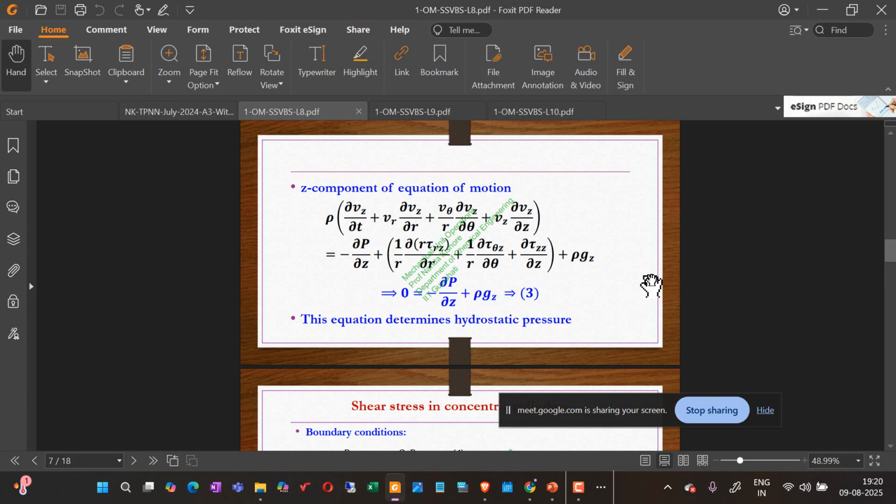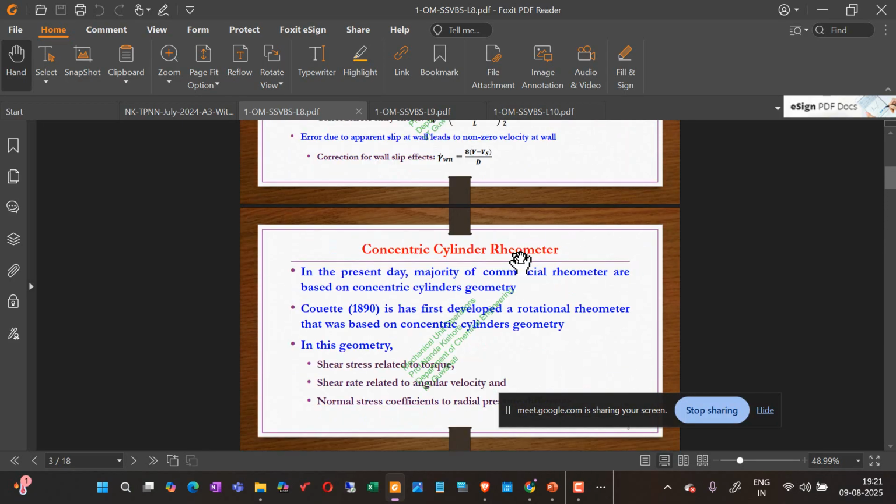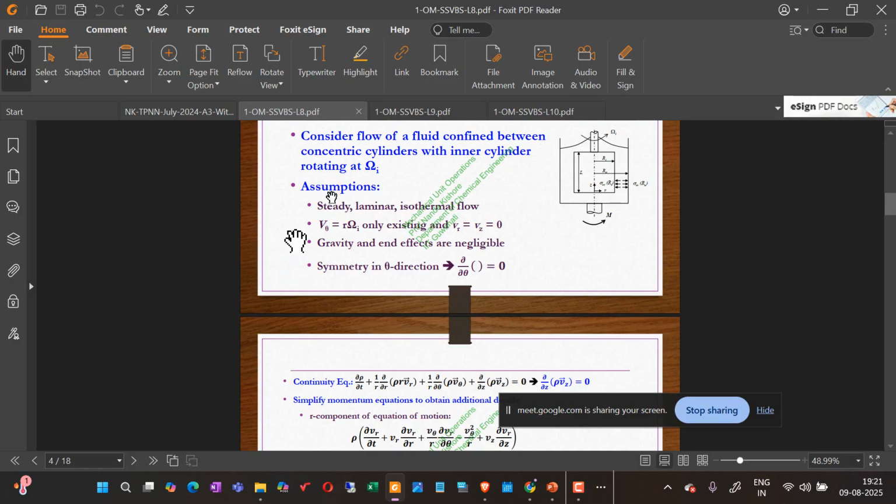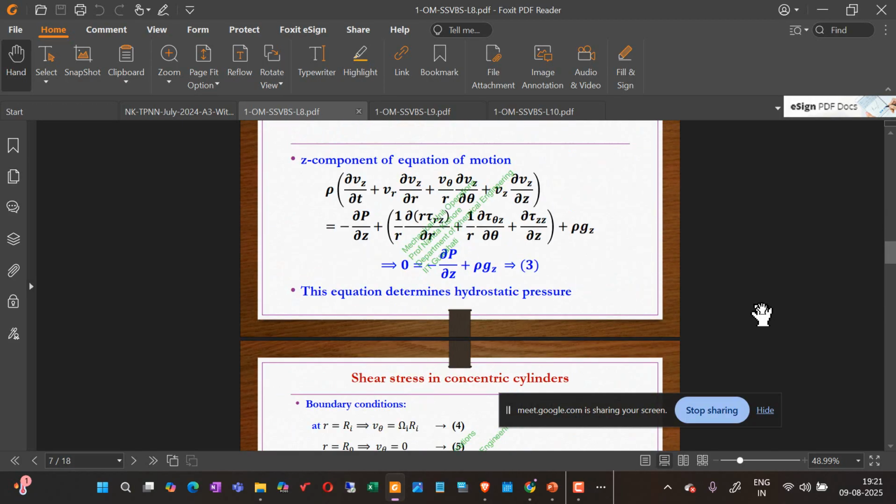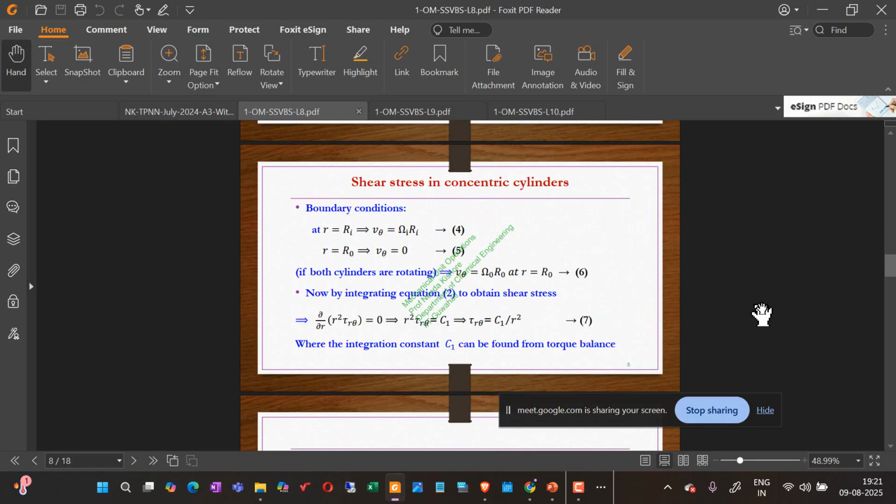So in all the three dimensions, you are solving the equation of motion. The main equation you are anyway referring from any book, but the analysis is done based on the assumptions that we made in our first slide, like steady, laminar, and isothermal flow, and whatever boundary conditions you had. That was the main thing.